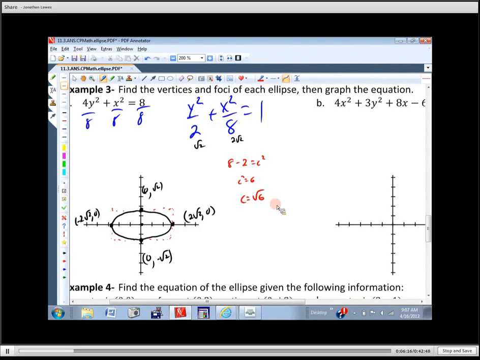All right, now somebody throw that in the calculator. What is it? Radical 6. It's Charles's job. 2.44. Now all you have to do is get it somewhere in the right ballpark. 2.44, so I'd say about right there and about right there.